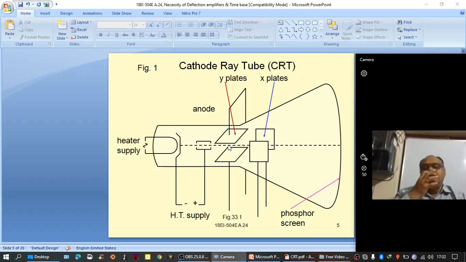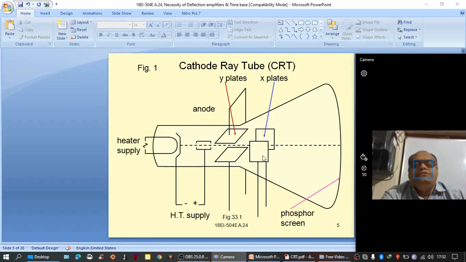And the cycle keeps on repeating, and the electron beam movement also keeps on repeating. So this is the deflection in the vertical plane.